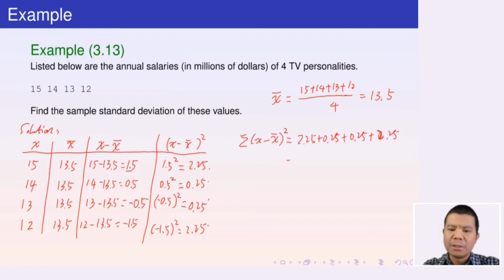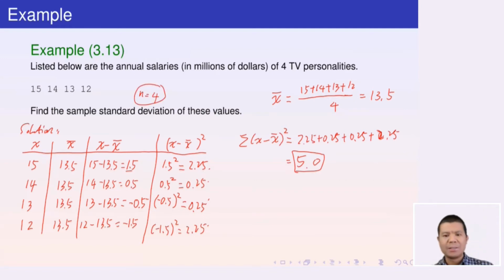So what did we get? This is 5.0, exactly 5.0. Now, since we already got the sum of the squares, also how many values are here? We have n equals 4, so 4 values in total.